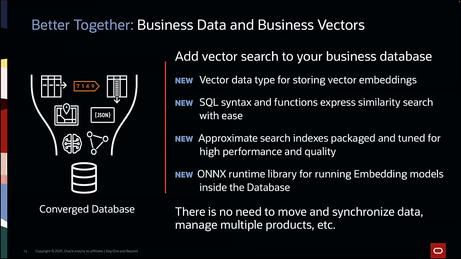We've not only supported this new data type for storing vectors, we've also extended the SQL syntax to allow you to perform operations such as similarity search, these distance metrics between vectors. And then to help with accelerating vector similarity search operations, we've added some vector-specific indexes that can perform approximate search operations to help with working with vectors.